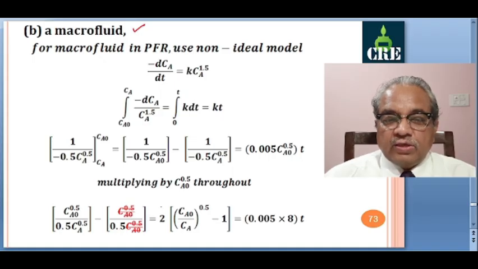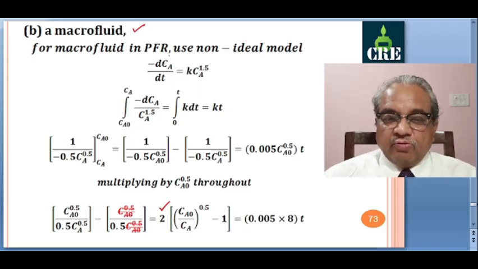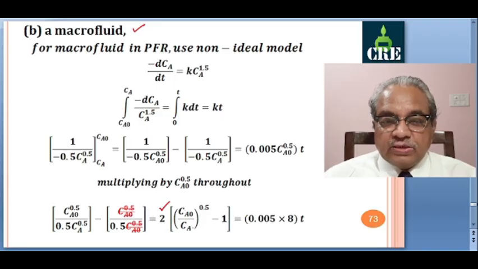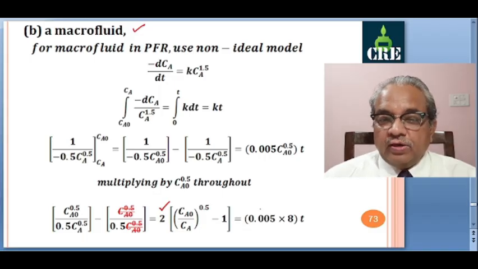0.5 taken outside, 1 by 0.5 is written as 2, exactly similar to what we have done earlier. The process is the same. Here we have multiplied, this is 1.5, and when the order was 0.5 we divided, that is the difference. So Ca0 by Ca raised to 0.5 minus 1, with 1 by 0.5 as 2, equals K 0.005 times Ca0 raised to 0.5.